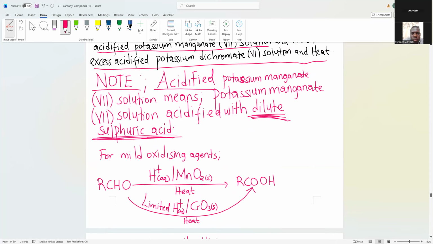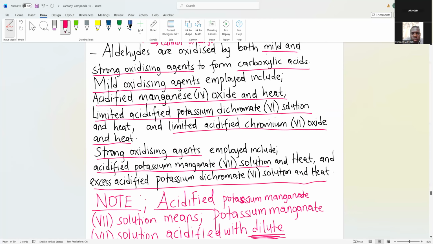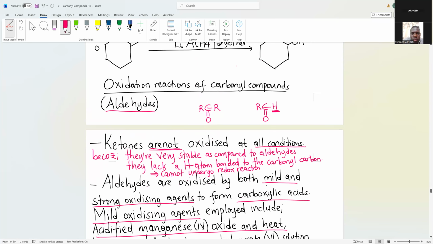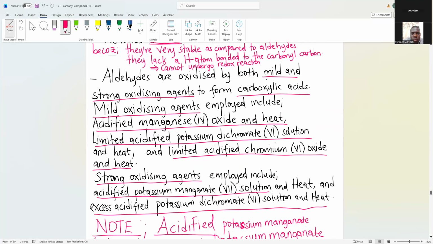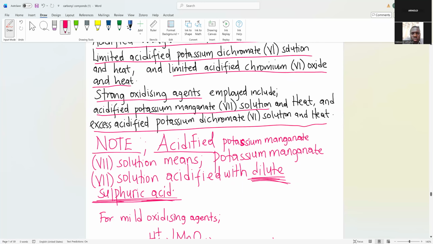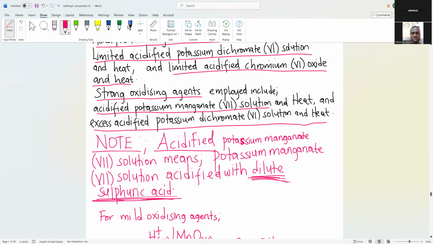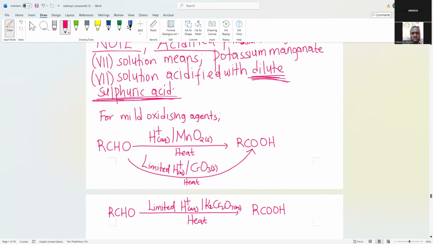Those are the mild oxidizing agents which I have considered. There are 3: acidified manganese 4 oxide and heat, limited dichromate 6 and heat, and chromium 6 oxide and heat.